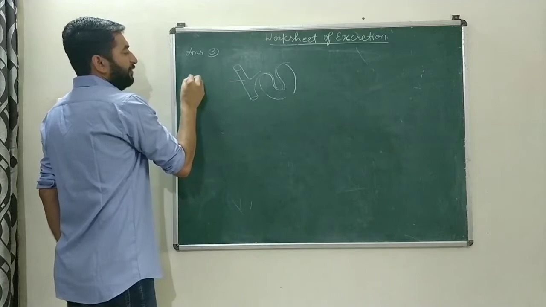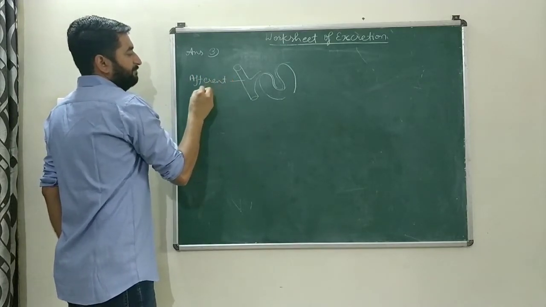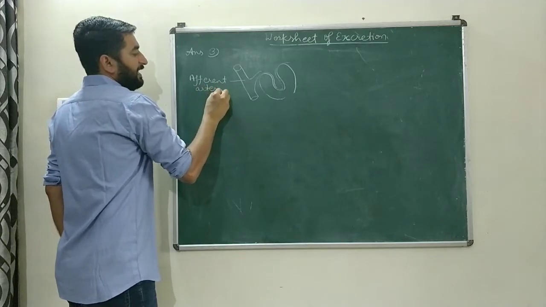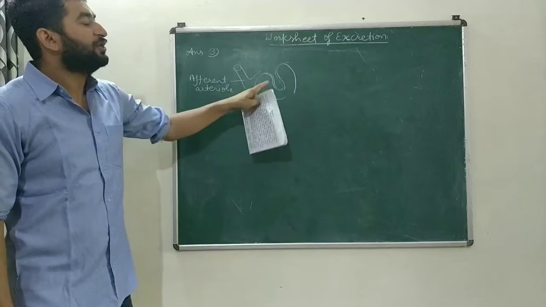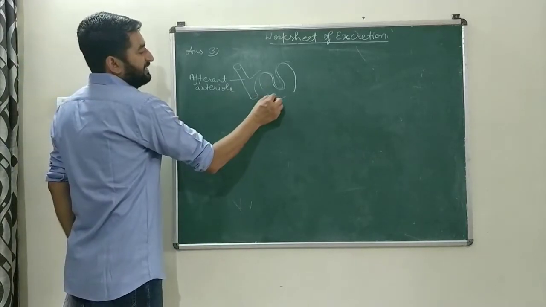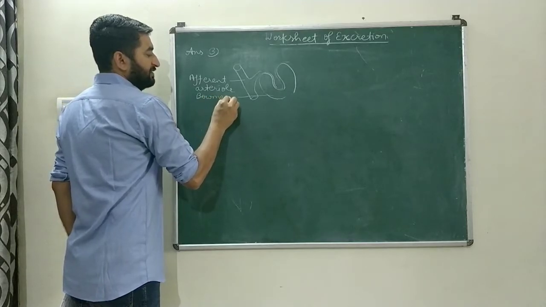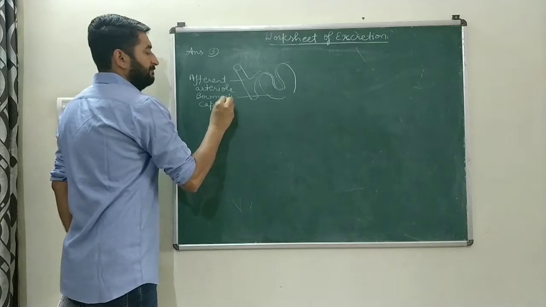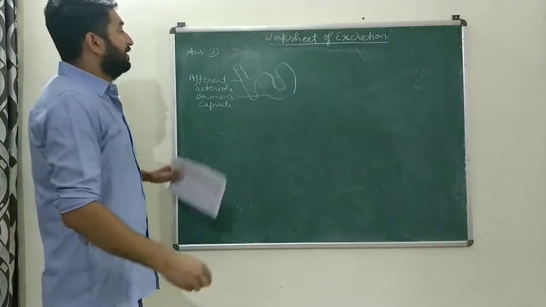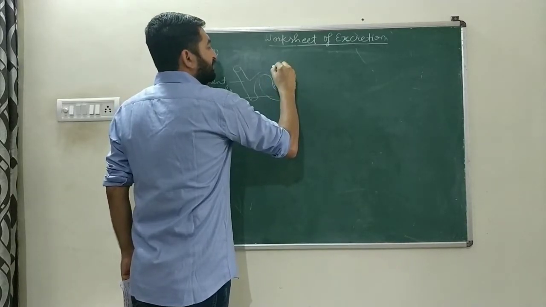This afferent arteriole brings the blood to this cup-shaped structure, that is known as Bowman's capsule. This arteriole gets divided here into fine branches.